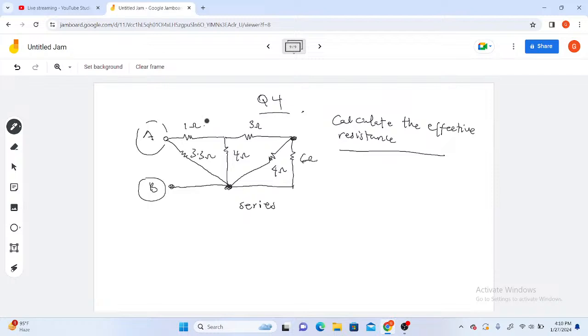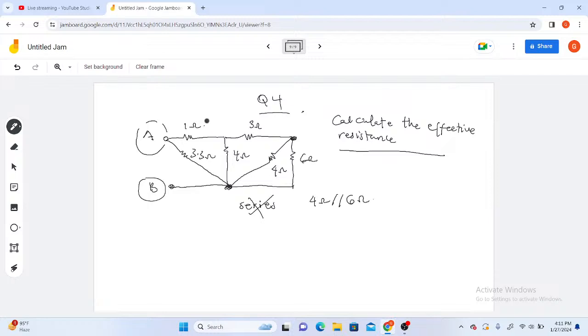So series is not an option, but rather it can be parallel, but not entirely, unless it satisfies the second condition that when I traverse through the path, I shouldn't meet any other element. For that reason, when I move along the loop like this, you can see that I'm only seeing 4 ohm and 6 ohm. For that reason, my 4 ohm is parallel to 6 ohm.